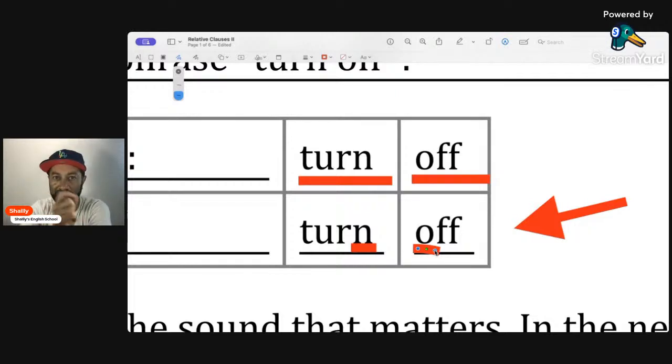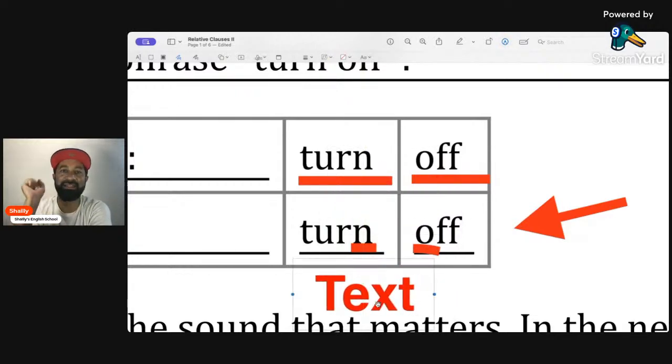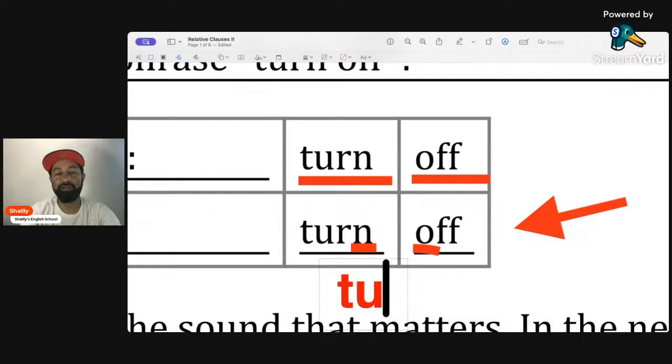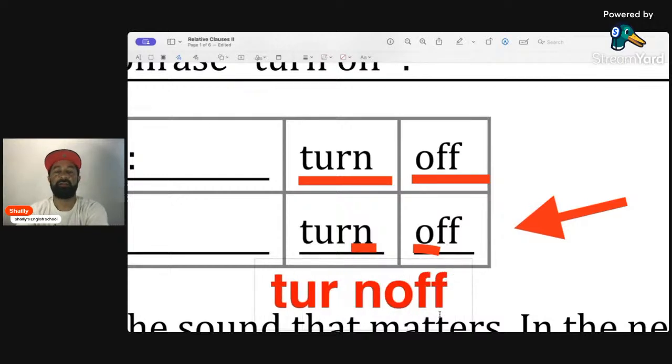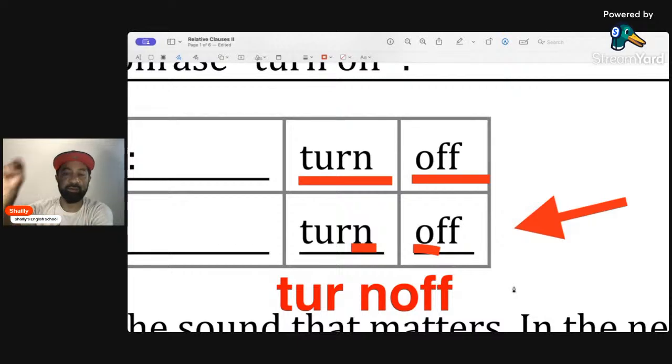We want to join them. The easiest thing to do here is we are going to take the consonant, which is the N, and move it to the next word. So I've moved the N over to the next word, and our pronunciation becomes turn off. The N is linked with the vowel O, so it's noff, turn off.